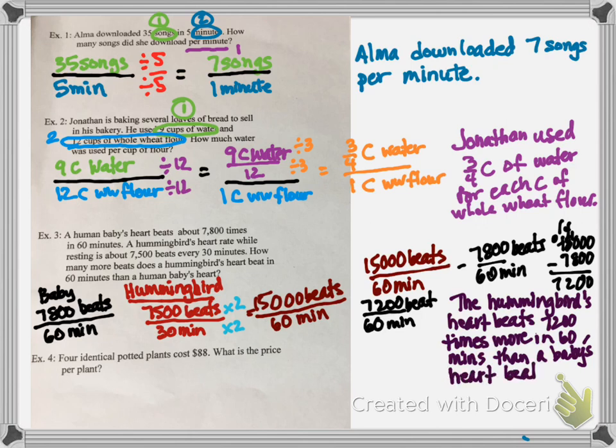Okay? So that time I didn't actually write my answer kind of in a ratio. I just wrote it out like a sentence. So we have lots of different ways how we can write this.